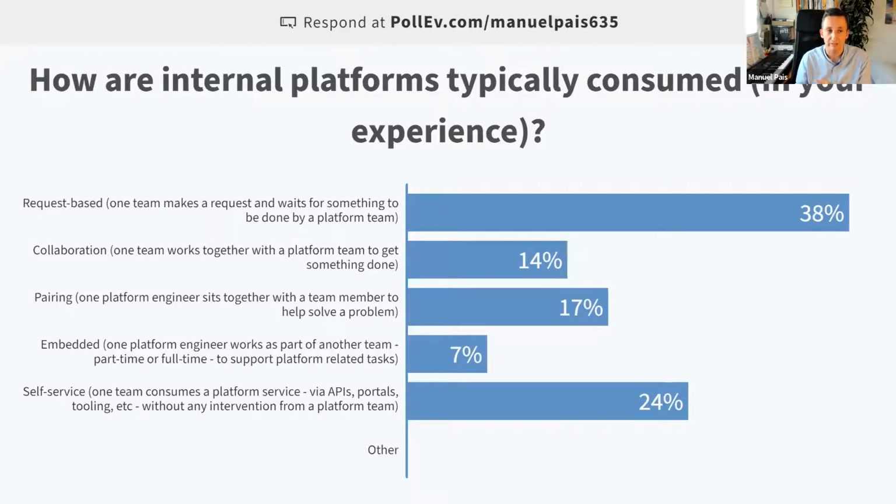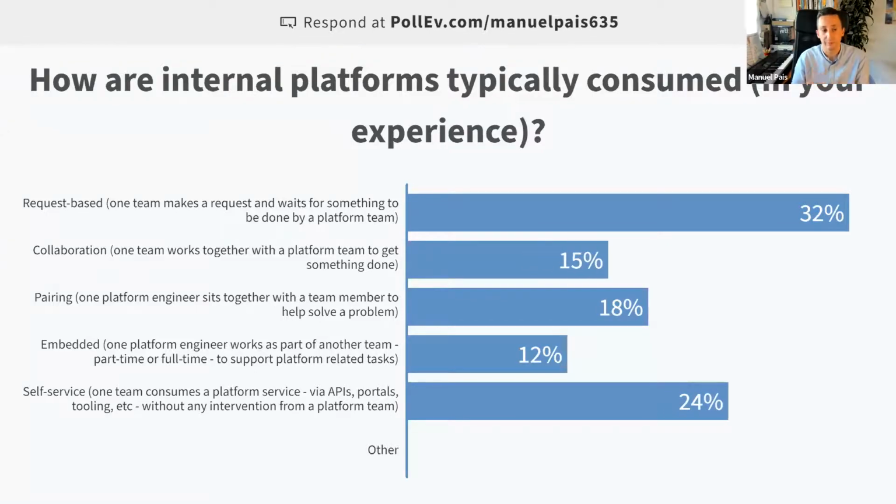Sometimes you have embedded platform engineers who are, at least for a period of time, part of the product team to help them. It depends what the objective is, but usually the idea is to help the product team learn more about the platform by having someone embedded who is an expert.